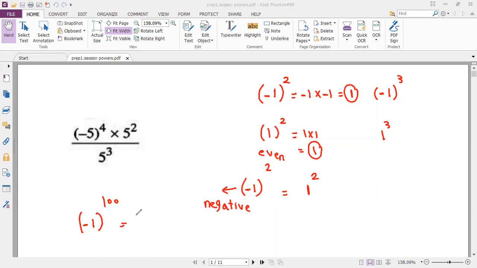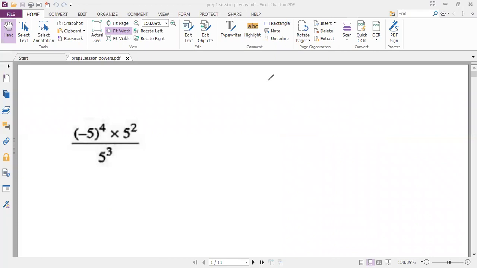Instead of multiplying -1 by itself 100 times, the power is even, so the even power cancels the negative sign. So -1 raised to the power of 100 is the same as 1 raised to the power of 100, and 1 raised to the power of 100 is 1. Okay? So -1 raised to an even power is the same as 1 raised to the same even power.